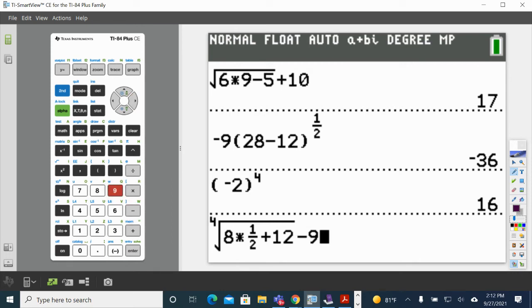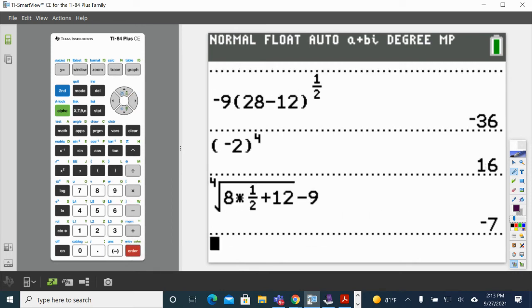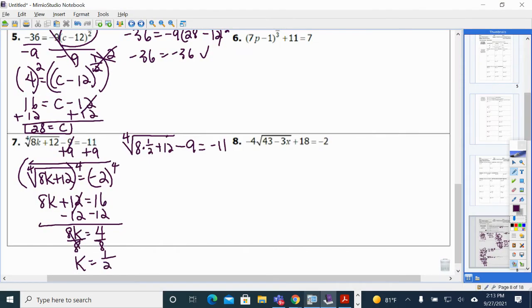And then come out, say minus 9. Again, this is supposed to equal negative 11, and it doesn't. It equals negative 7. Negative 7 does not equal negative 11. So this does not work. K cannot equal 1/2. This one's also no solution. Let's jump over to number 9.